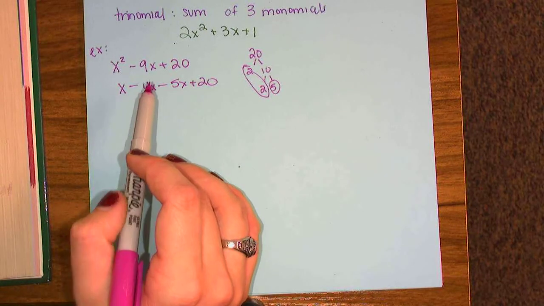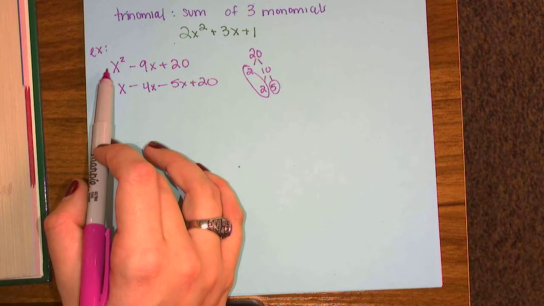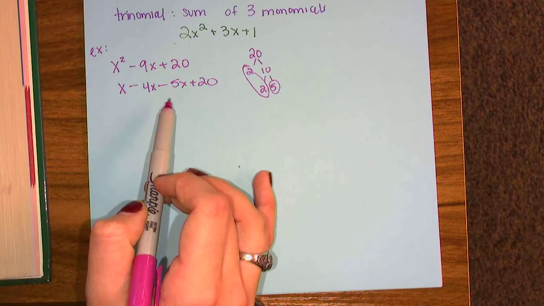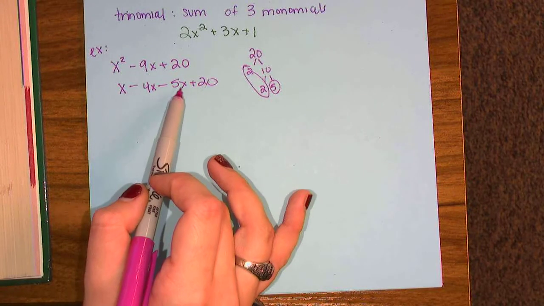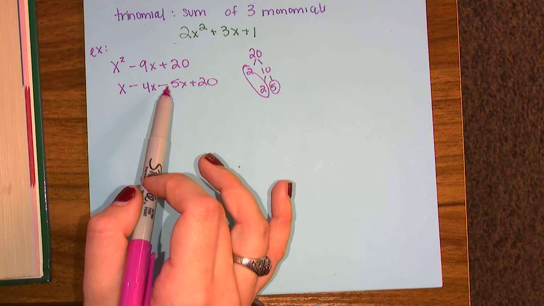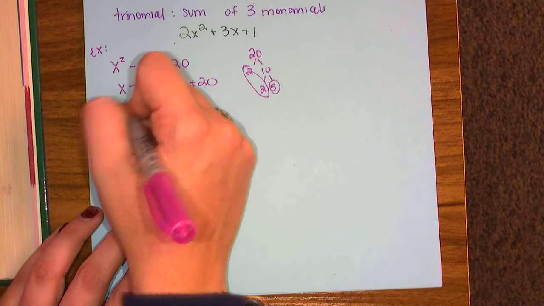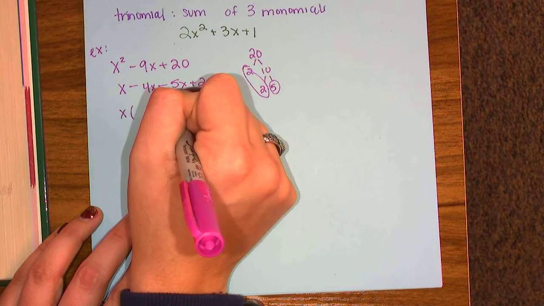Basically, I save a step here when I have these simple ones like this. So I'll show this step here, but if you want to skip it and go to the step that I'm going to show you in a minute, you can. I'll show you what you would have to write here. But basically here you can pull out an x, so you'd be left with, wait a minute.